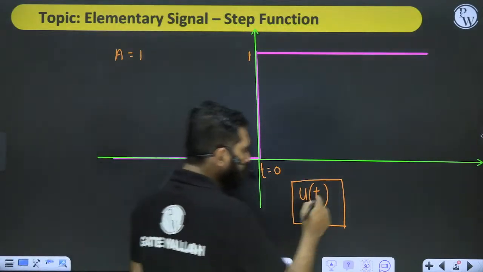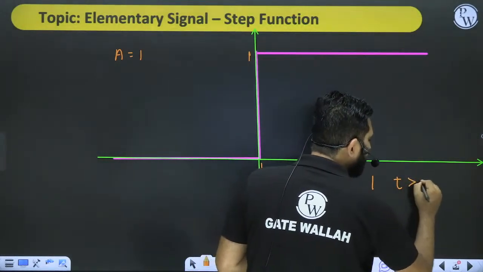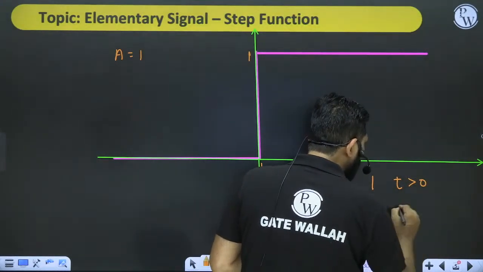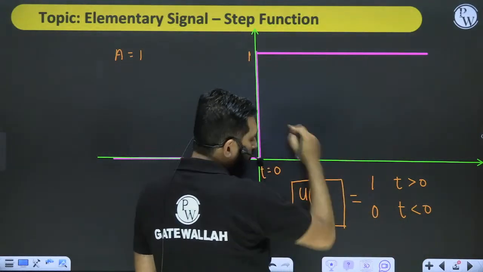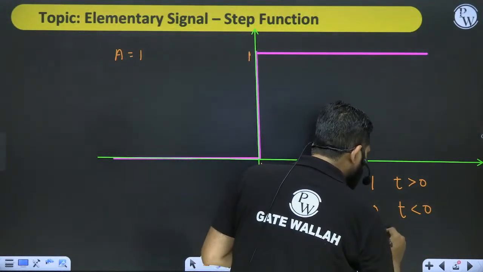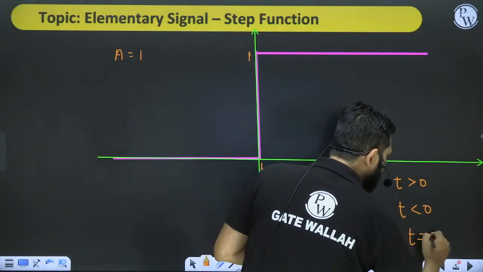So what will you say about u(t)? u(t) is 1 for t greater than 0, 0 for t less than 0, and what is the value at t equal to 0? It is (1 plus 0) by 2.